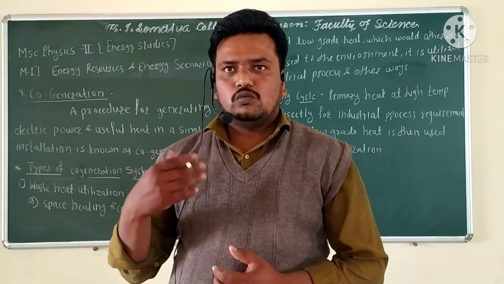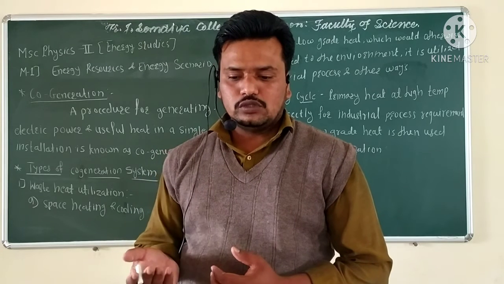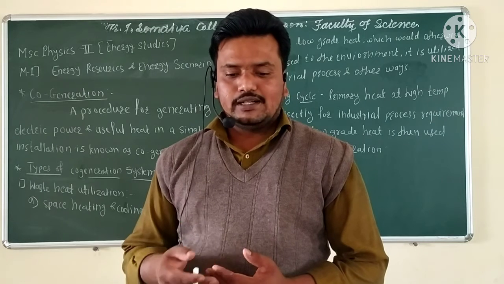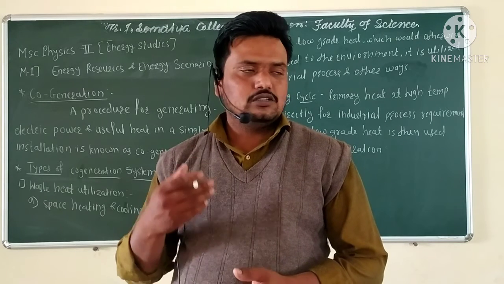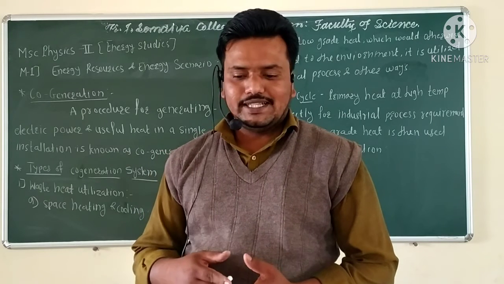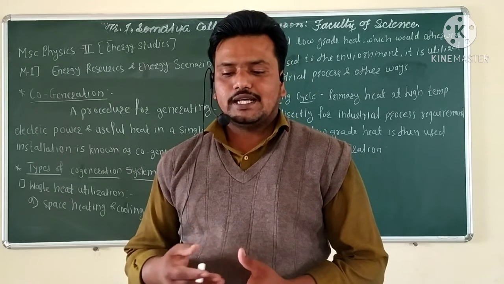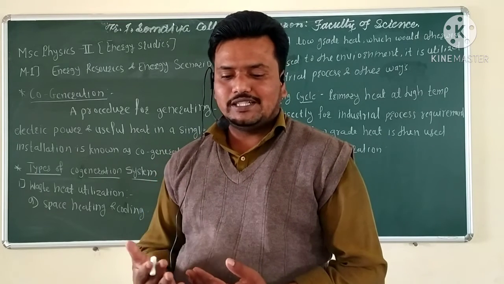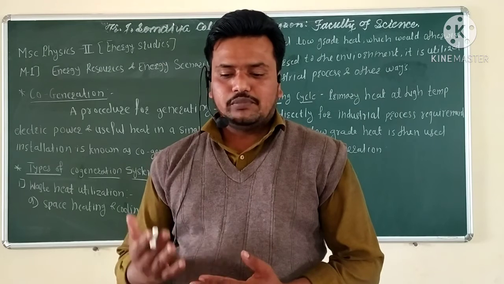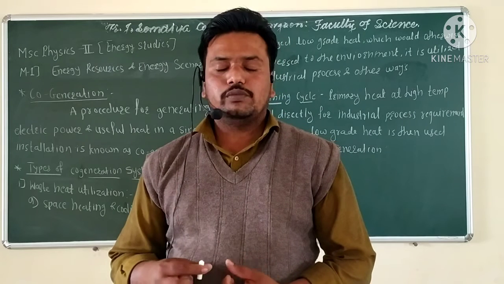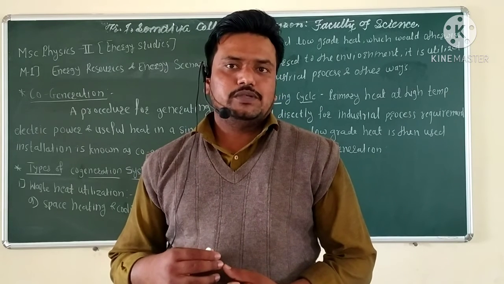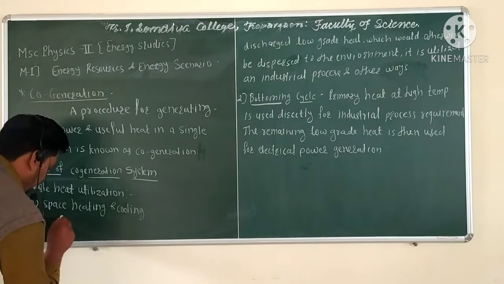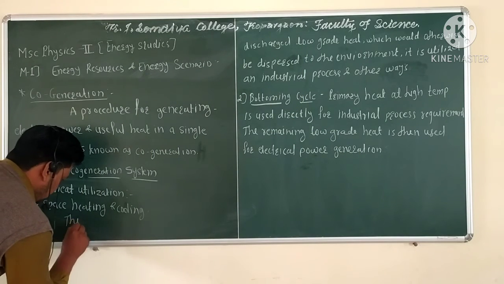Warm water can be distributed to homes, offices, stores, and industry for space heating and domestic use. This is referred to as district heating or cooling. The temperature of this water should be in the range of 50 degrees Celsius to 100 degrees Celsius.